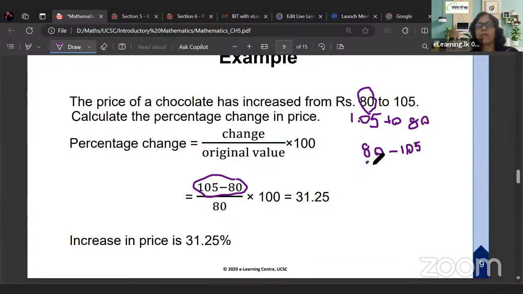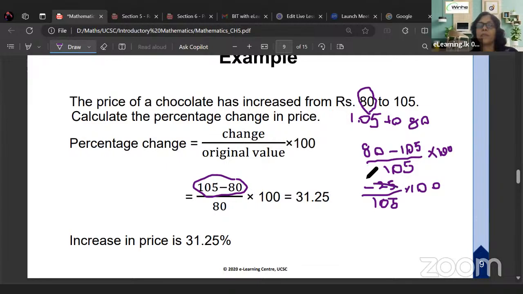Now what is the original value? The original value is 105. Then multiply it by 100. Right? So 80 minus 105 means minus 25, divided by 105, into 100.